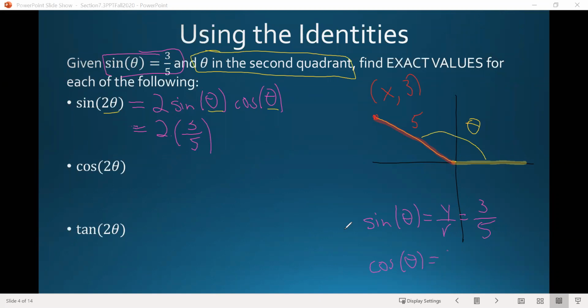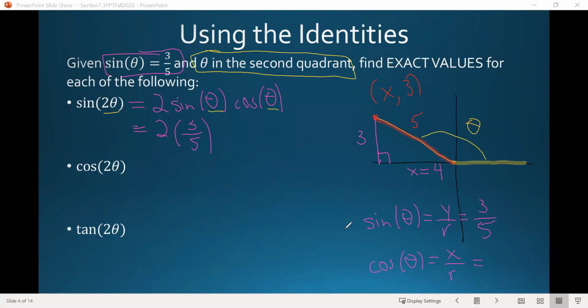So we need to find the value for x to find the cosine. Well, recall that one way we can do that is we can drop down a side here, make a right triangle. We'll know that this vertical side of the triangle is equal to 3, because that's the amount we go up to get to the point. And we need to find the value for x here, which we can do using the Pythagorean theorem. And I'll leave that up to you to double check, but in that case, we're going to get 4.